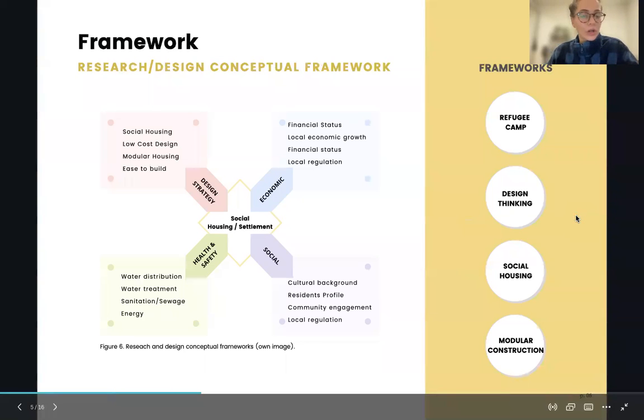As for the framework, I have divided my framework into 4 different types of categories, and these categories go from design research and economics, social, health, and safety. And they have given me 4 frameworks, which I think are going to be the main ones that I'm going to be working with.